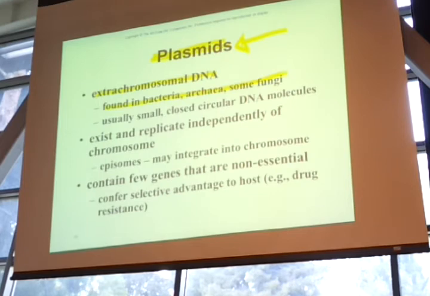found in bacteria, archaea, and also some fungi. Usually also small closed circular DNA molecules. So you usually see them represented as a small circle, not a large circle. They exist and replicate independently of the chromosome. So what's on that plasmid is not only extrachromosomal, but we would say it codes for non-essential properties.